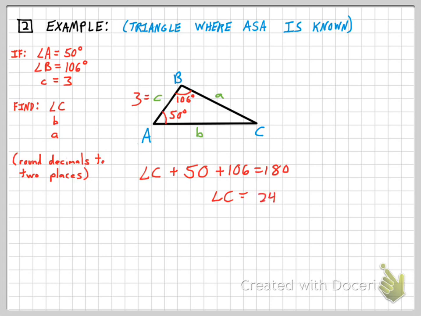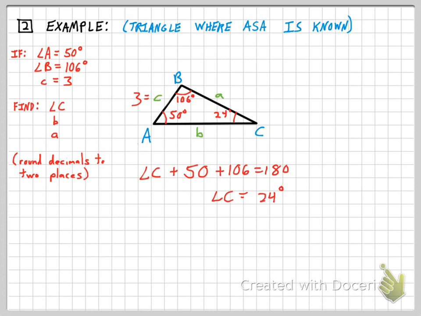I always like to check to make sure the relative size makes sense. That looks like a pretty small angle, and 24 is a pretty good outcome. If you ended up with 150, and you looked at the picture and saw it was a small acute angle, then you might know you did something wrong. Okay, I'll add that to my picture now. I have all 3 angles figured out. Just knowing 2, I can always find the third.